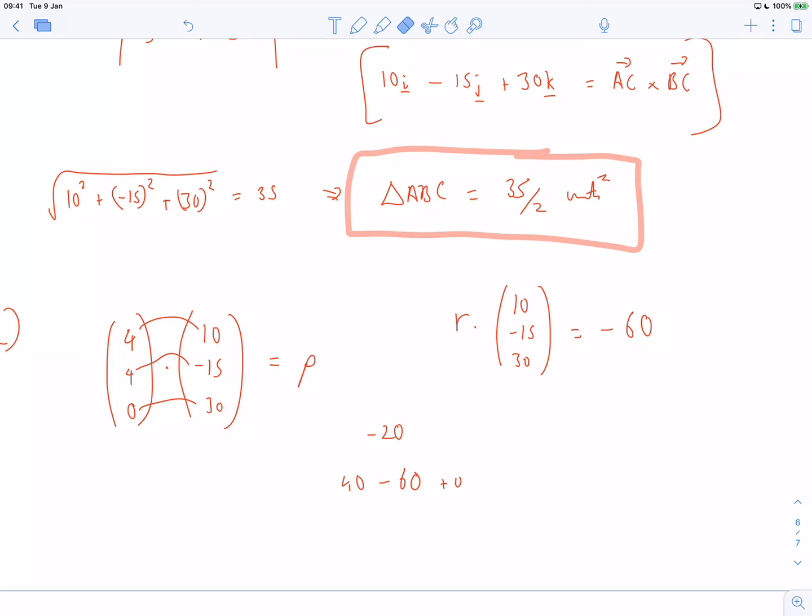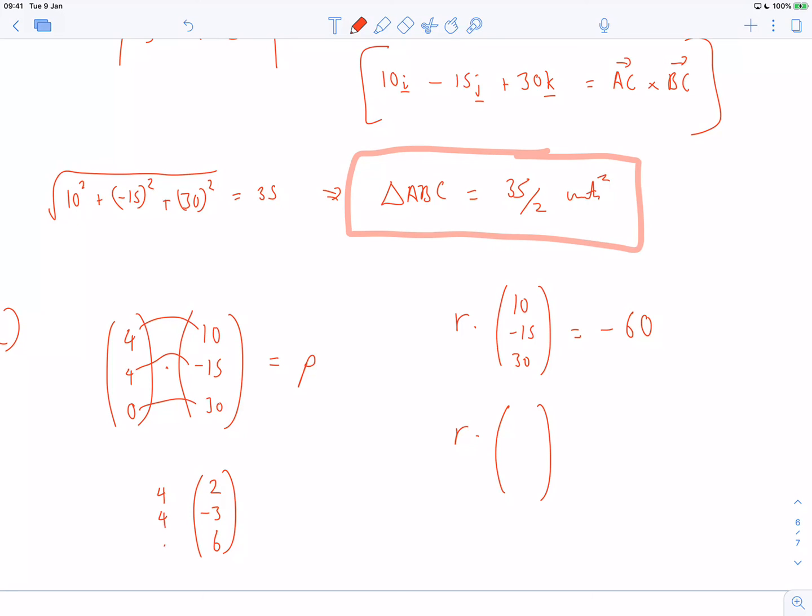Or if you want that p to be positive, what you could do, if you think about it, is you could do r dot with the negative of this. Well, in actual fact, let's scale things down a bit. 10, 15 and 30 I could divide by 5 to make this a 2, minus 3 and 6.